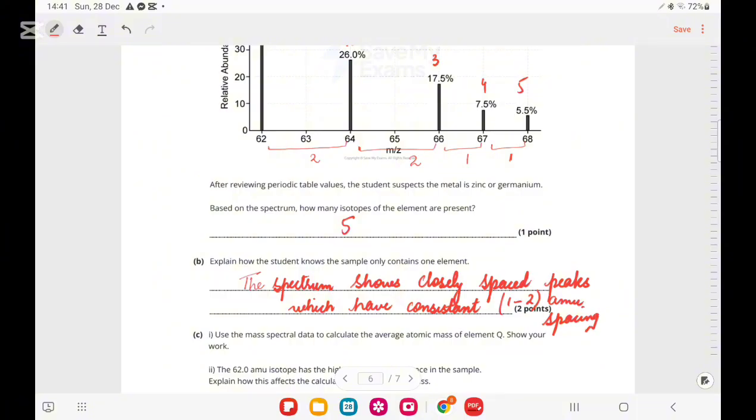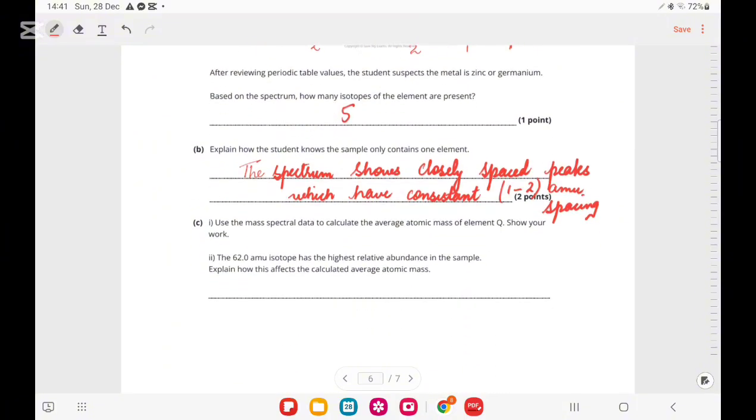That is why we can suggest that it contains only one element.